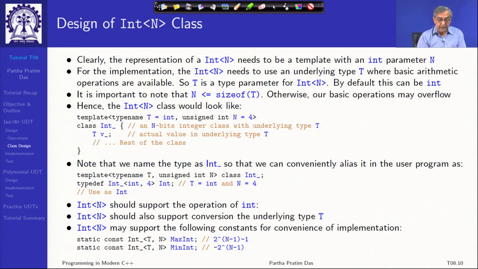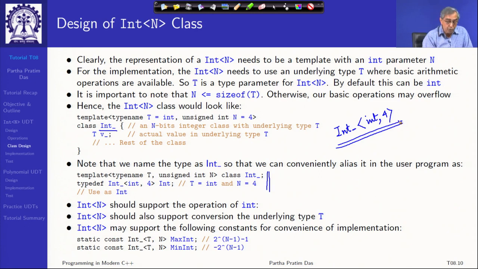So, this is basically my representation, and since it is templatized, to be able to use this, mind you I am using a name not int, because actually to be able to write this I have to write something like int underscore int 4 like that, right. That is actually the name of my type, and it is going to be very inconvenient to use that every time. So, what I want to do is I want to typedef that to the nice name int, right.